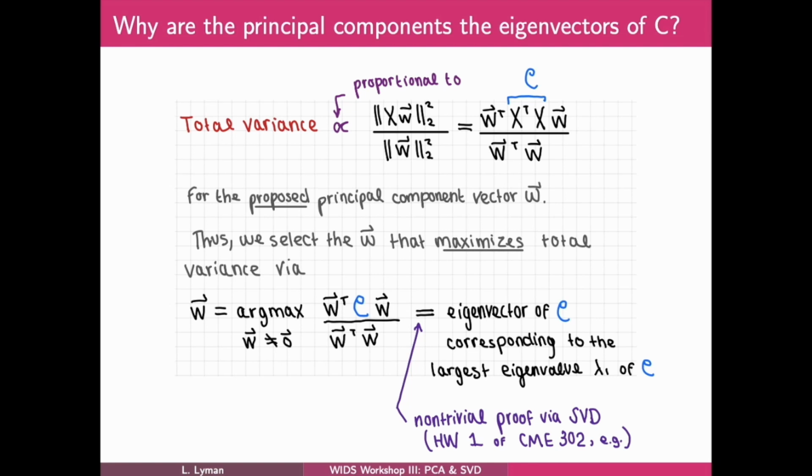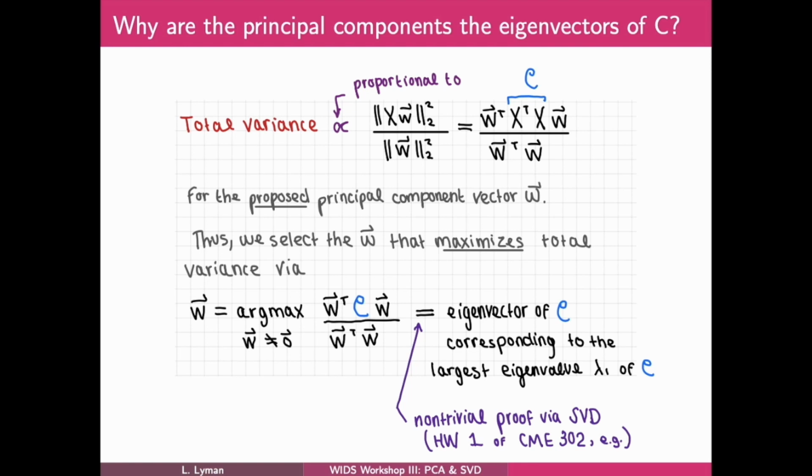Now, this last part is a non-trivial proof, and I won't get into it here. This is typically a problem, for instance, in Homework 1 in Stanford CME 302, a graduate level numerical linear algebra class. So it does take some thought, and it ends up requiring the use of the SVD. But regardless, the punchline is this.